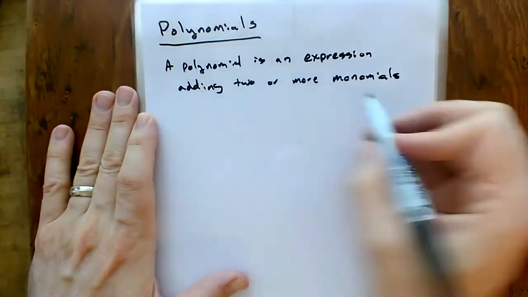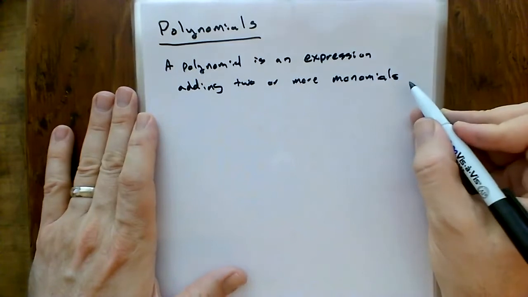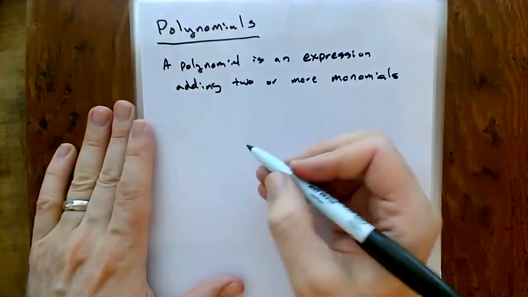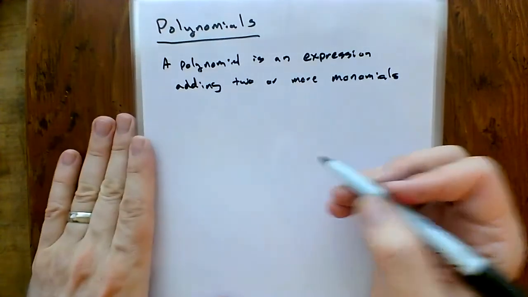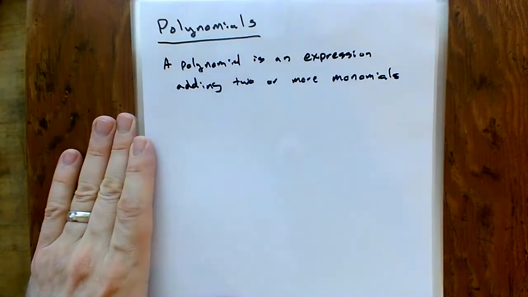And just to be extra clear, it's going to be probably different types of monomials. Now, there's a couple different ways of doing this. We should probably talk about the multiple different types of polynomials.